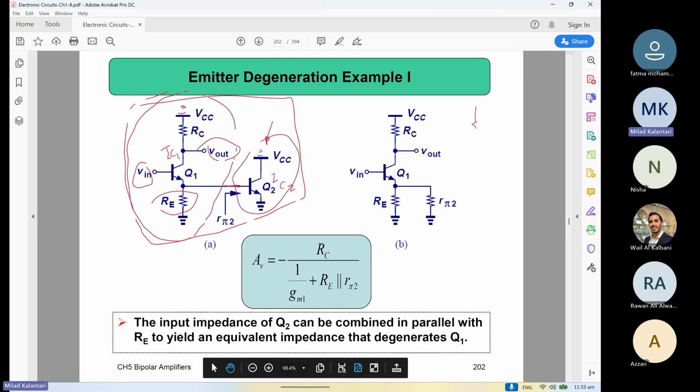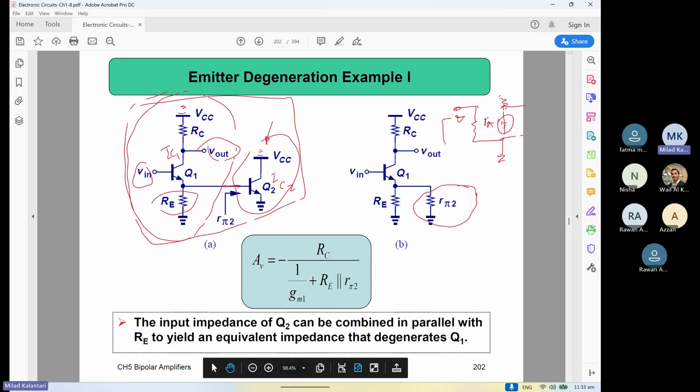The model is like this, both sides ground. You are just seeing from this side of the base the R pi, right? The other side has nothing to do with this circuit. So in fact, you put this R pi just in parallel with RE, right? What else?